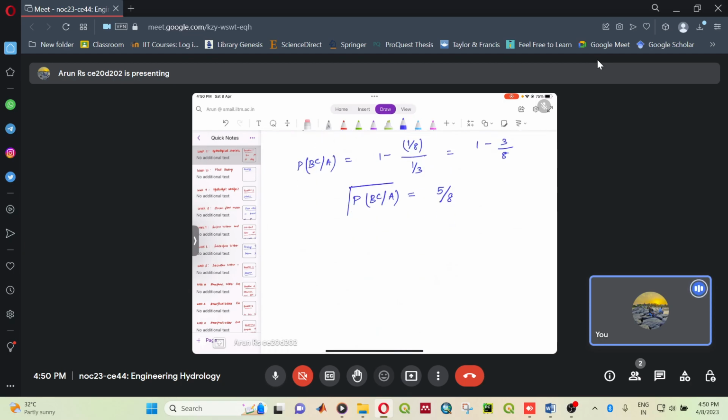Similarly, you can also find what is the probability of dry day that is followed by a wet day. You can try this.